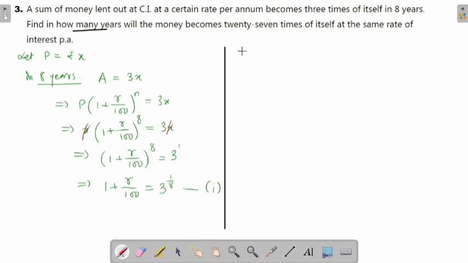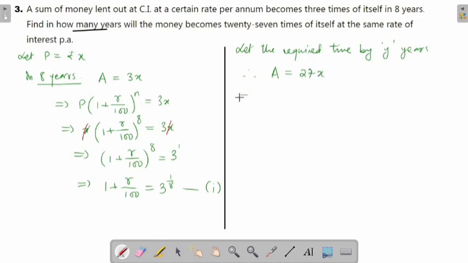Let the required time be y years. Therefore, in y years the amount is going to be 27 times of itself, that means 27 times x.